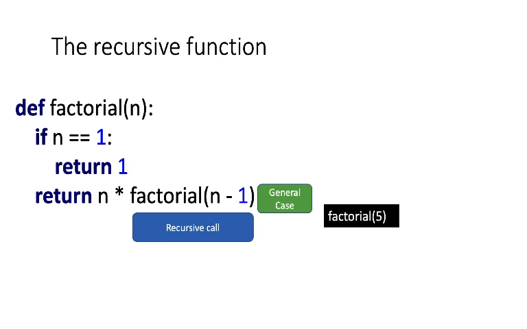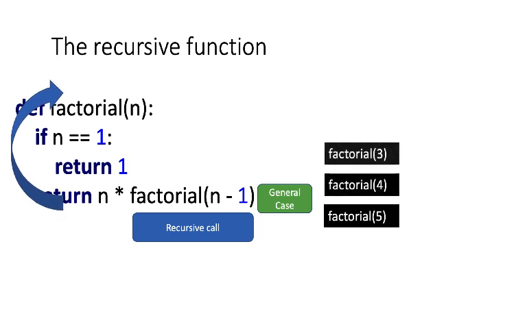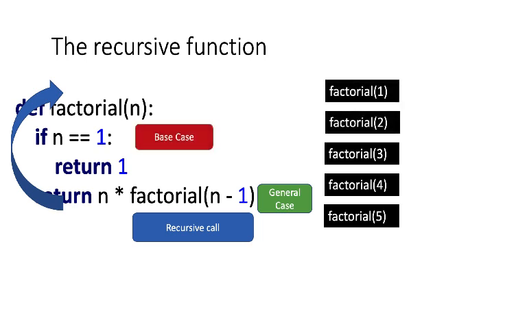And so the first time it goes through, it goes factorial 5. Okay, hasn't got the answer there, so it moves on to factorial 4, 3, 2, and then it hits what we call the base case. Now the base case is the end of this. So for a good recursive function, you have to have some kind of base case. Okay, then it starts returning backwards.